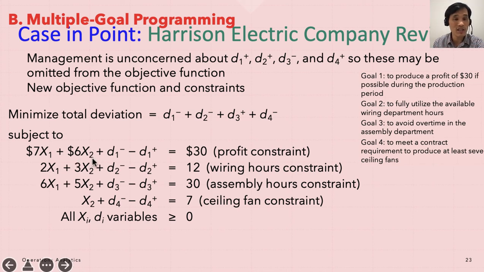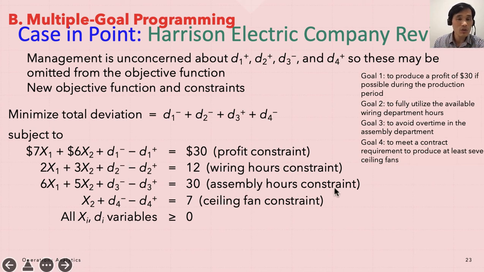7x1 plus 6x2 plus d1 minus minus d1 plus. This is the profit constraint. It has to be at least $30, and you are concerned about minimizing d1 minus, right? And then 2x1 plus 2x2, this is wiring hours, again goal 2, and it's 12, and you made it equal rather than less than or equal to, and you want to see how you can minimize this D2 minus.